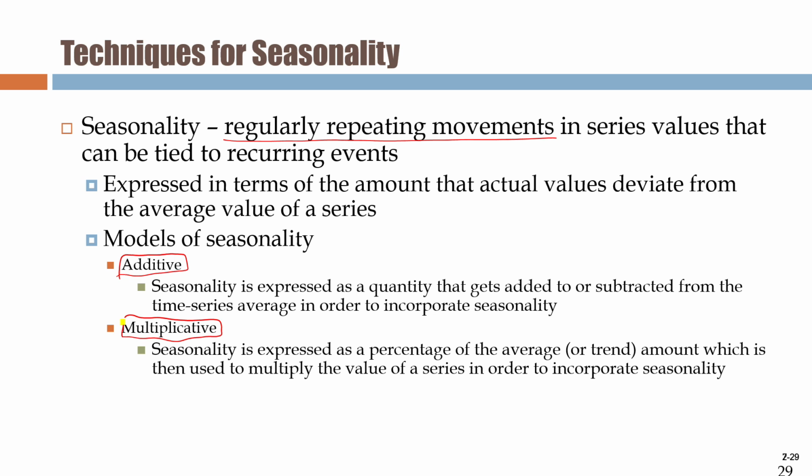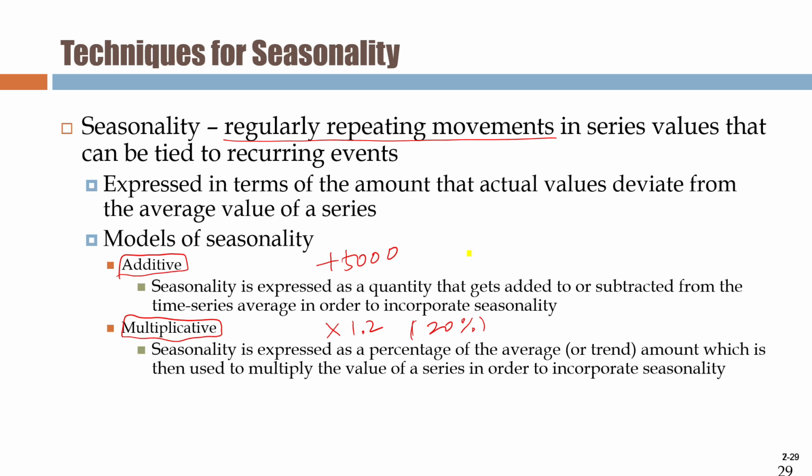That's additive. So you are adding a certain amount, 5,000. We are selling that every March because of the new students. We sell 5,000 more than our regular sales. Or multiplicative is like we always sell 20% more. This is the multiplicative model.